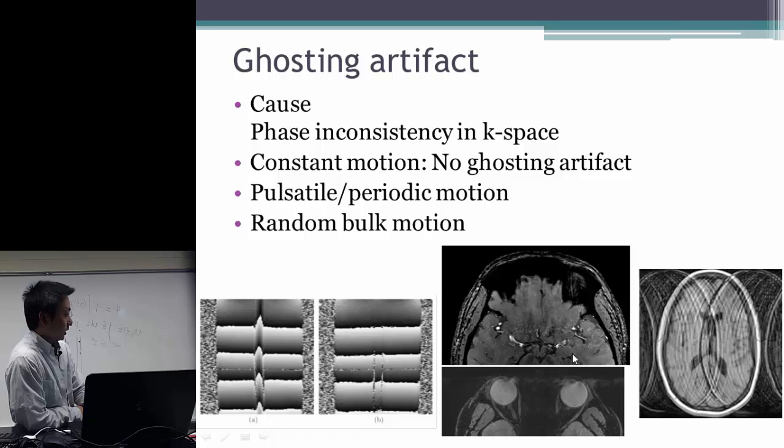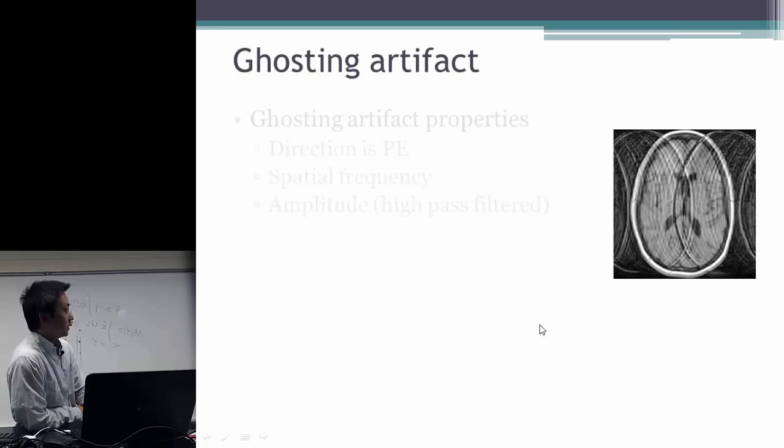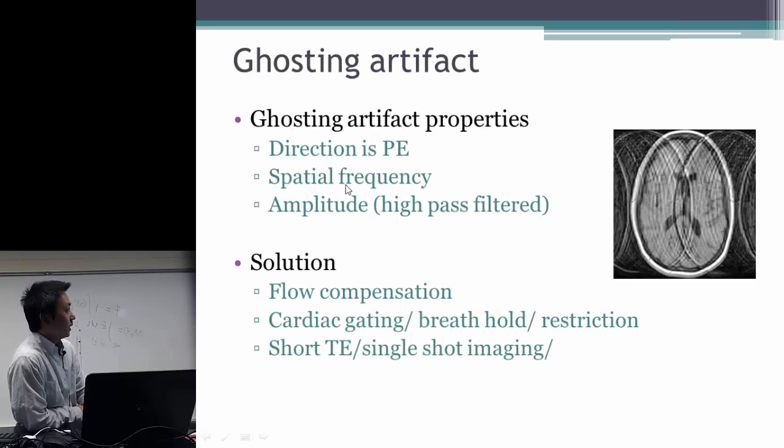It does not go along this direction and overlap with the brain. And also the spatial frequencies, as we discussed before, will depend on when that motion takes place during the acquisition of the K-space.